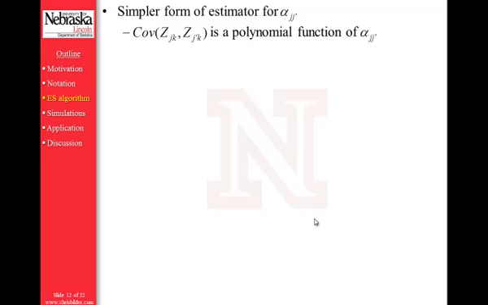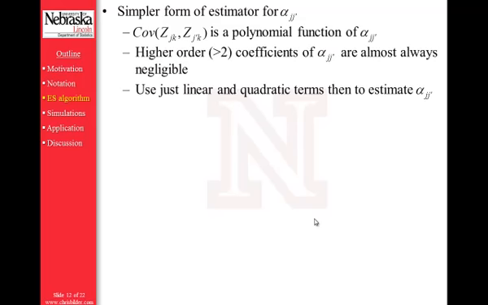But the fact that this is potentially a large order polynomial that you have to work with can make this somewhat time consuming. And so we also investigated whether there is a way to make this simpler. In fact, the higher order coefficients of this polynomial are almost always very, very close to zero.